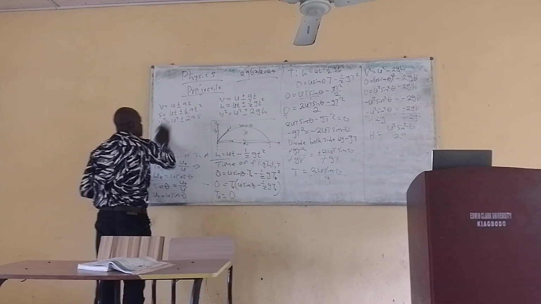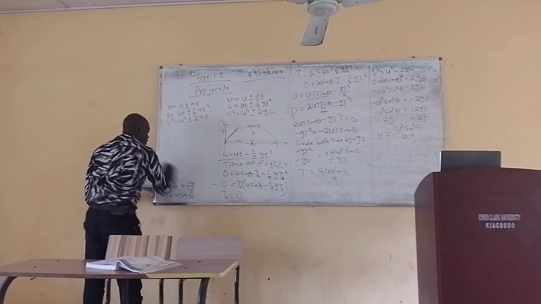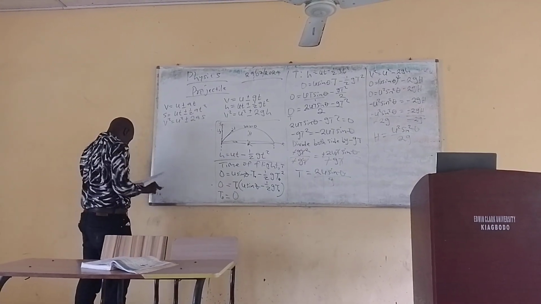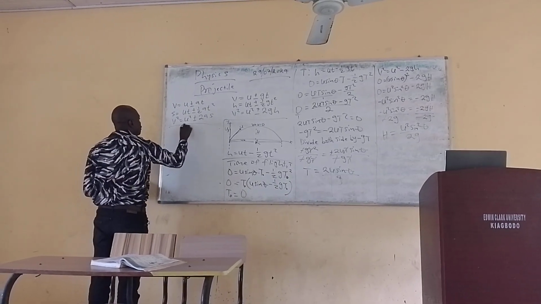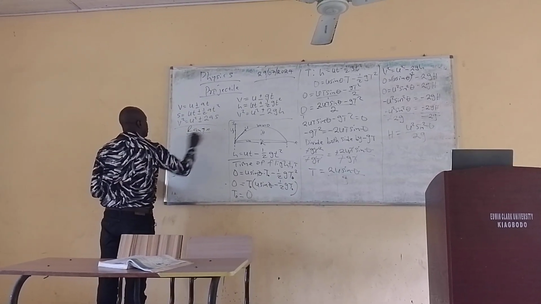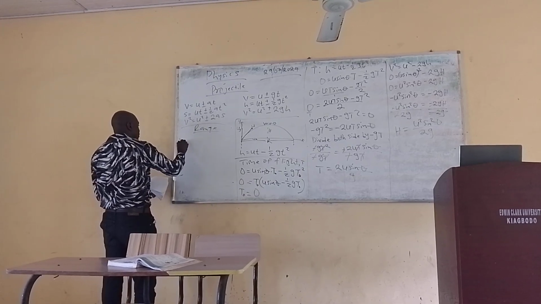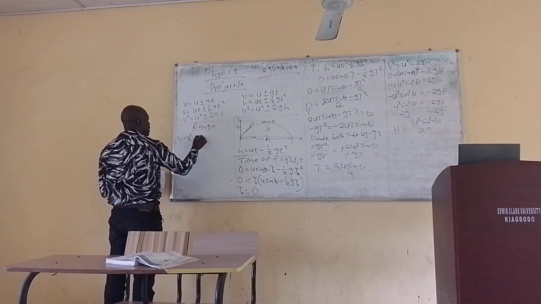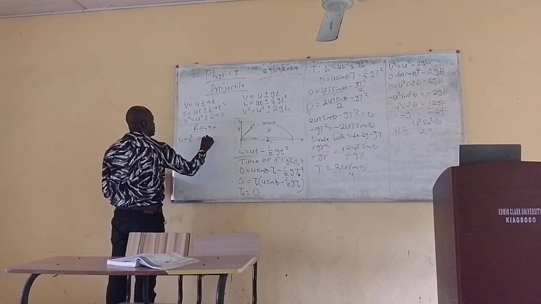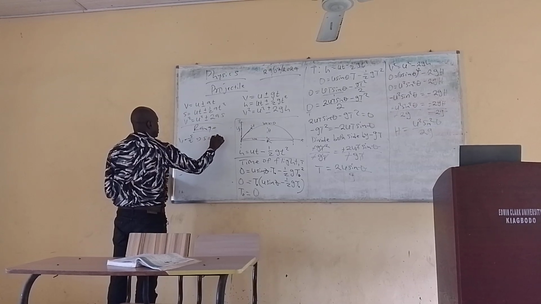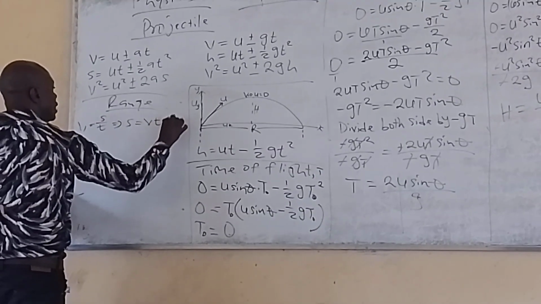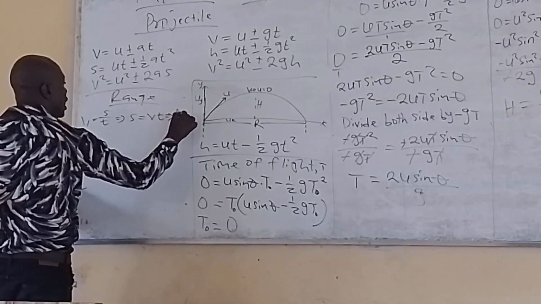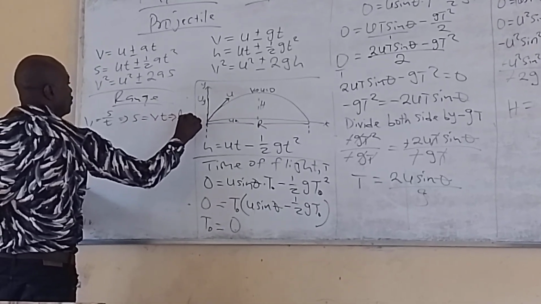Okay. So in getting the range now, we have range to be what? Velocity equals distance over time. Therefore, you can now say distance equals velocity times time. So distance is now standing for r, then vt.